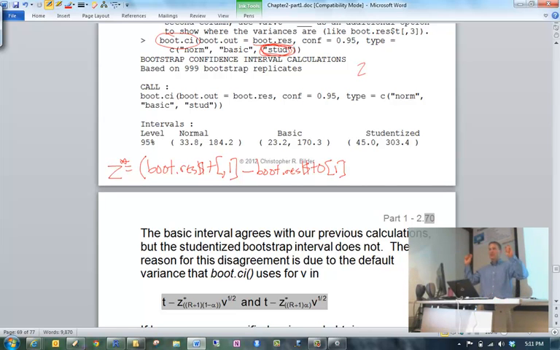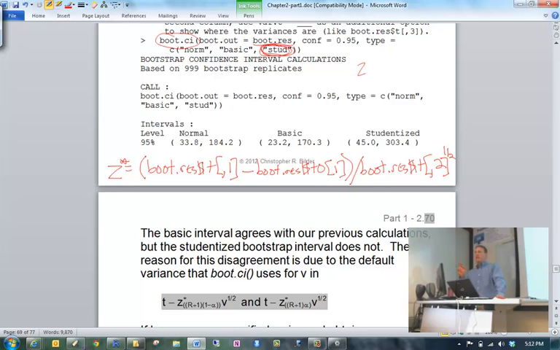So this is T, divided by boot.res$t[,2], all to the 1/2 power.